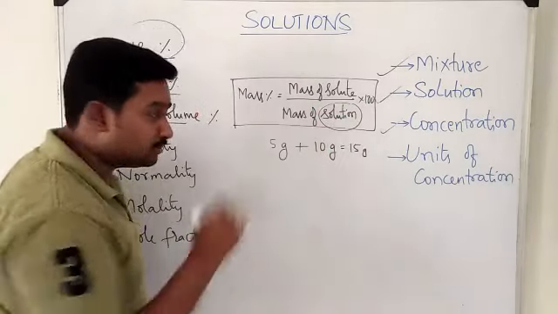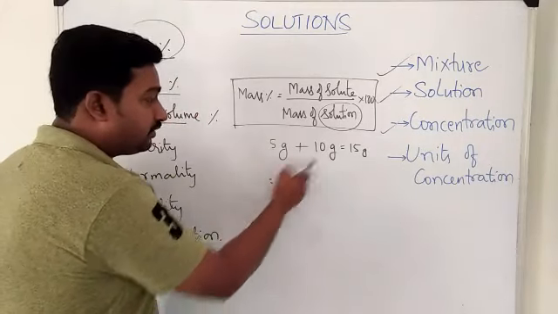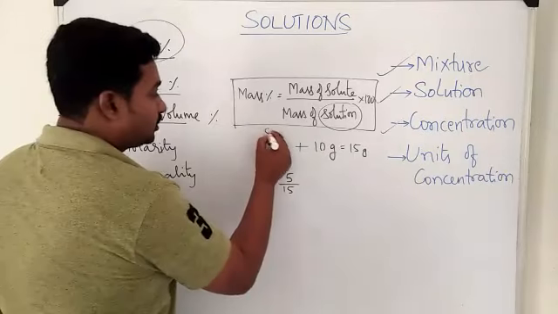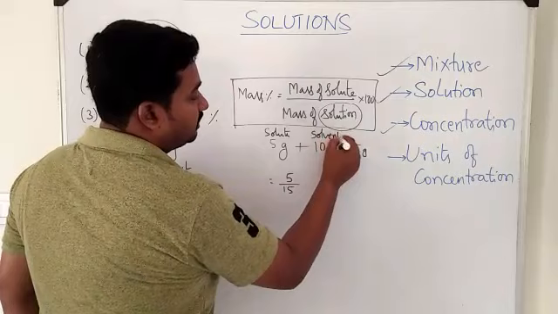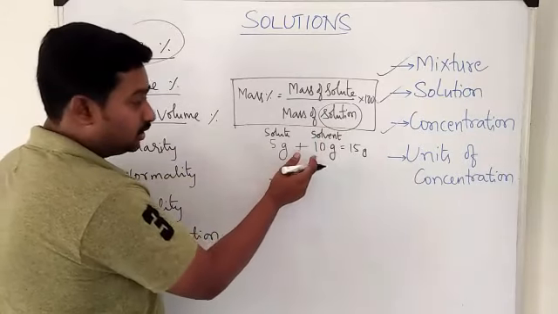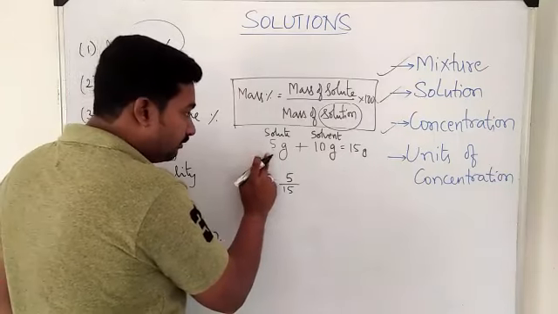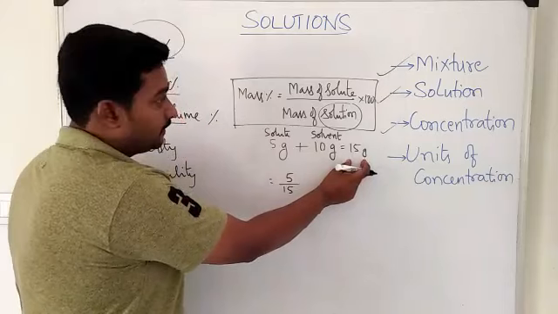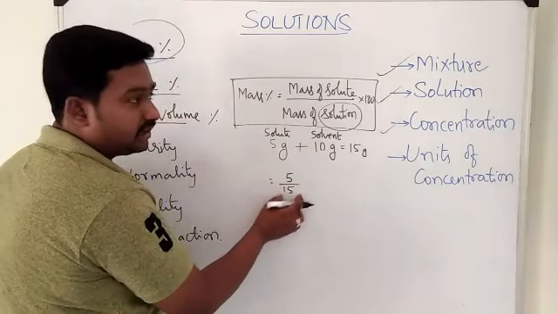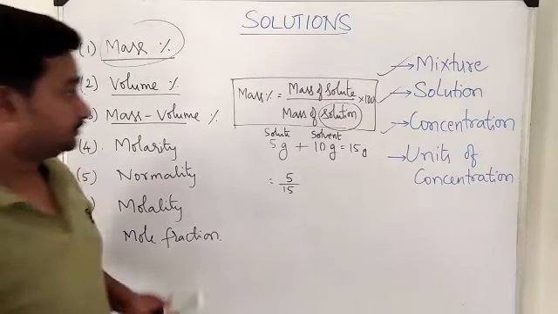The percentage will be 5 out of 15, not 5 out of 10. Since we are measuring masses, do not ignore the 5 gram solute in the solution. Therefore, we add these two to get the mass of solution, which is 15 gram. So the mass percentage becomes 5 by 15 into 100. I hope this is clear.